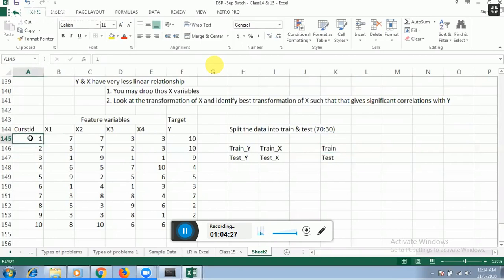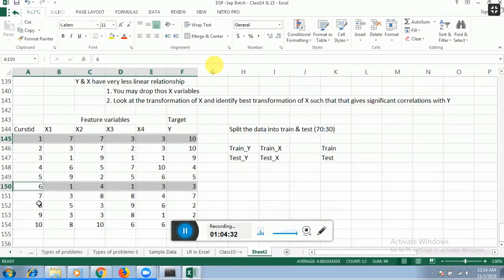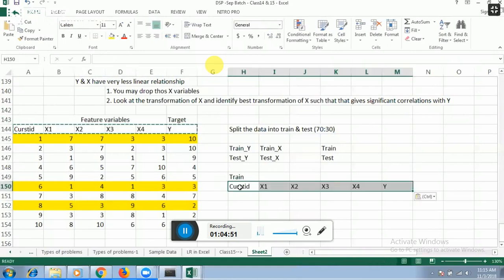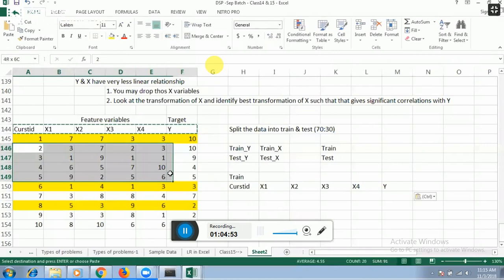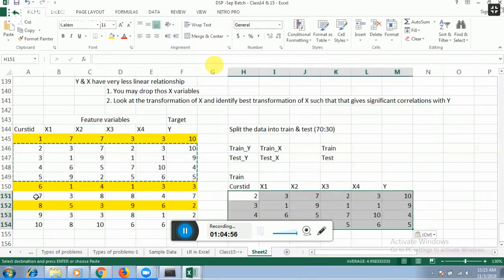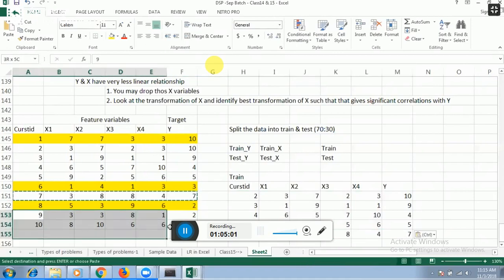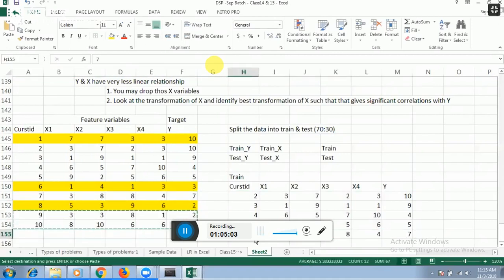So now, for example, you are randomly splitting 70-30. That means 30% is, for example, this is my 30%. So randomly you got three values. These are my test data. The yellow one is assuming the test data. Now the 70% is train data. So now what is your train data? Correct or not? This is my train data.